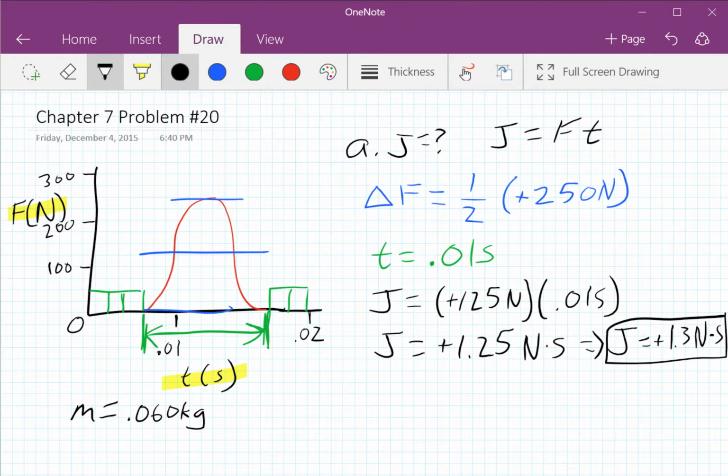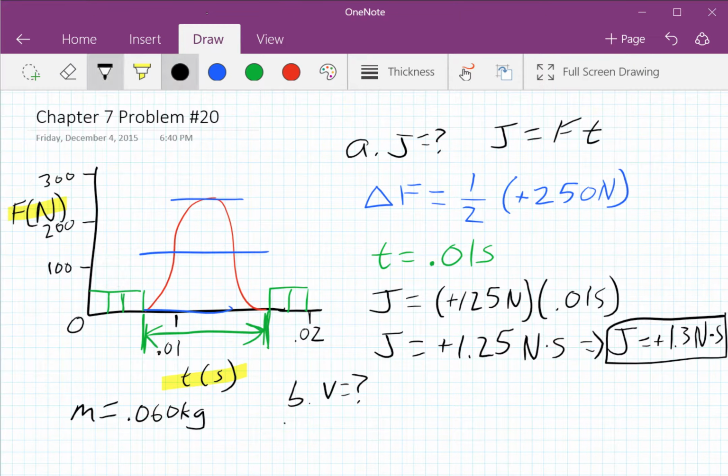Okay. Now for part B, we have to figure out the velocity. So B, trying to figure out what does V equal. Is this velocity after being struck? Oh, and we're saying it starts from rest of 0.